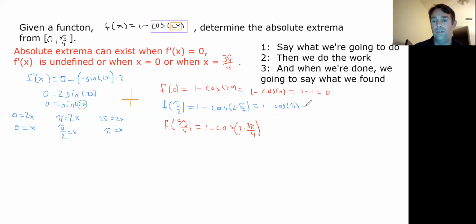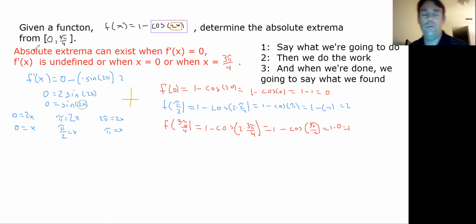Cosine of pi is -1, so I have 1 minus a -1. That would be 2. And we get our last one here. We have 1 minus cosine of 3 pi over 2. So 1 minus 0 is 1.